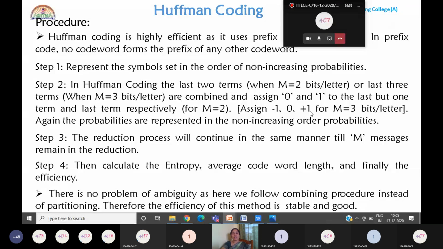Once you assign like that, after combining, this added probability will once again be represented in the non-increasing order. So what is the next step? The next step is representation of all the probabilities in the non-increasing order. Every time the probabilities will be represented in the decreasing order.